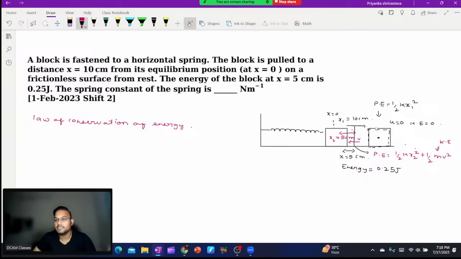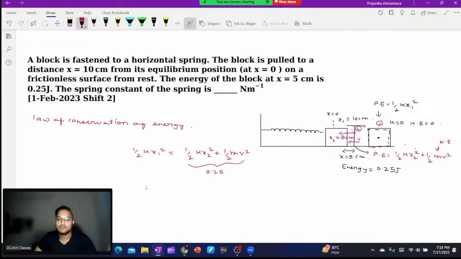So initial at this position, the total energy, which is half k x1 square, will be equal to the final total energy at the second position, which is given to us. So I need not write each value, and need not calculate. I'll just write this as 0.25 joule.